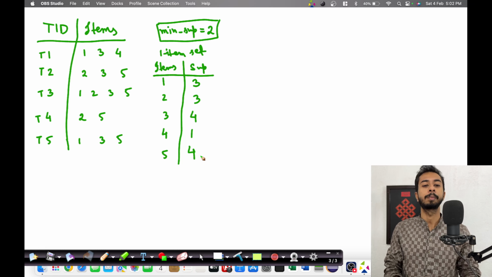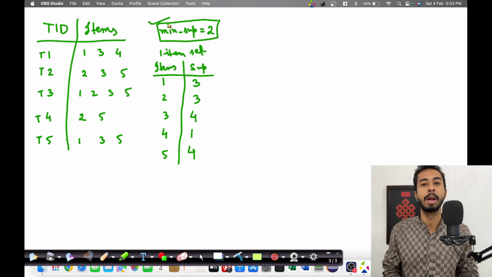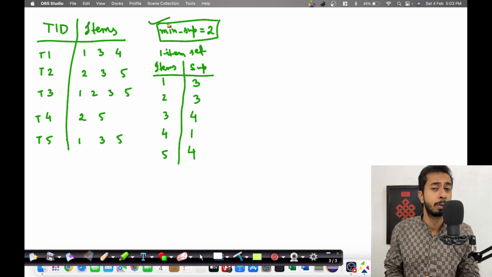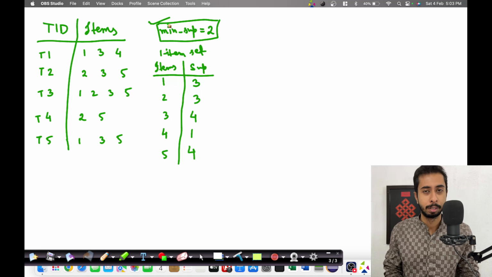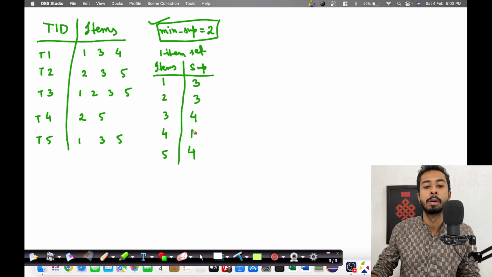Now I have written something called minimum support at the top, and I have mentioned it as 2. That means the support should be 2 or greater than 2. But you can see here item 4 is occurring only one time, so we'll right away discard it.